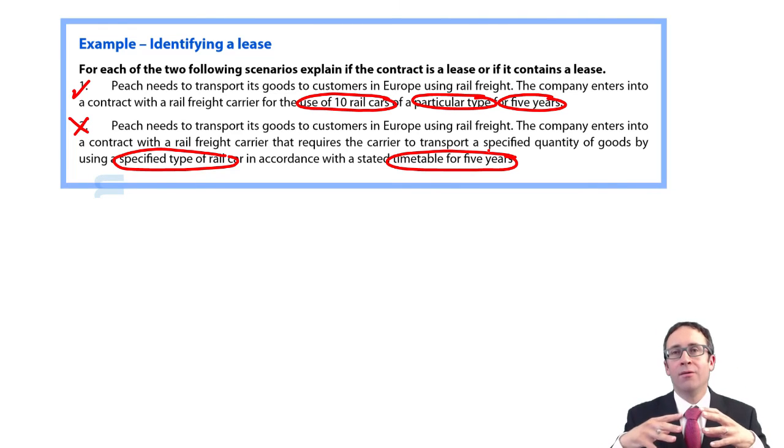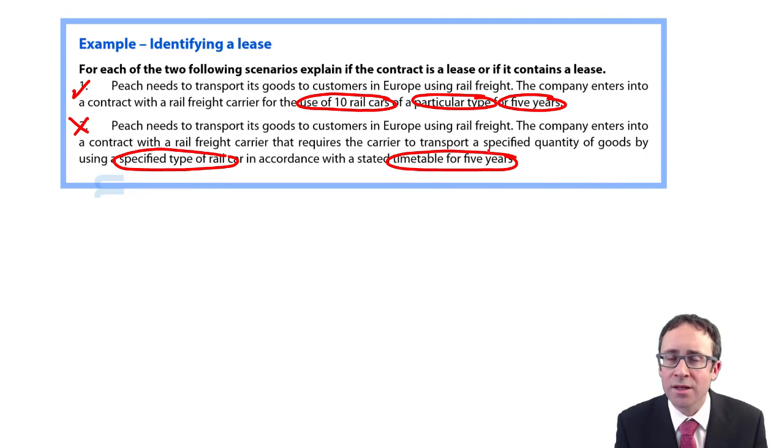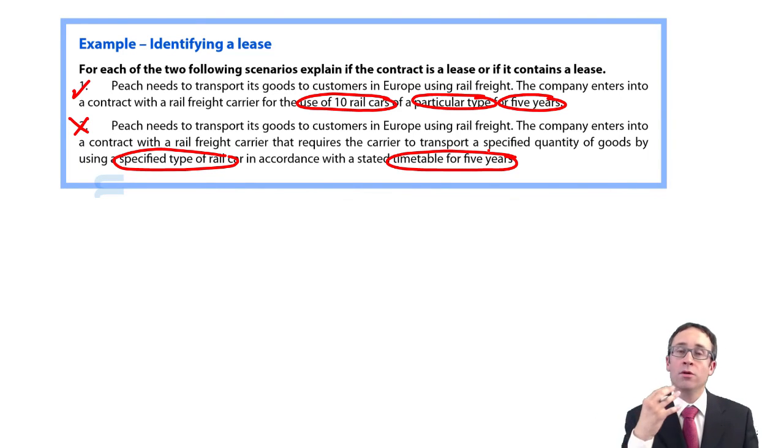Here, we can't direct the use of the rail cars. The rail cars run on a timetable. Those rail cars are a specific type of rail car, but it can be any of that type from the fleet. So we don't control a specified asset, do we? We don't have the ability to direct its use.